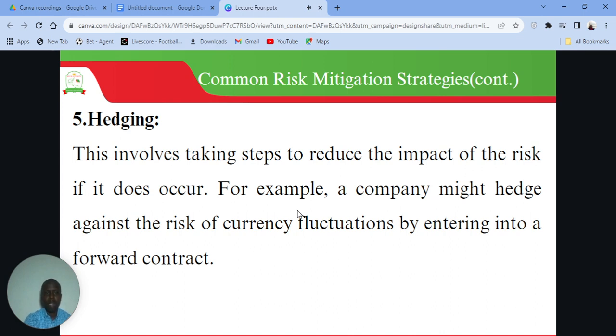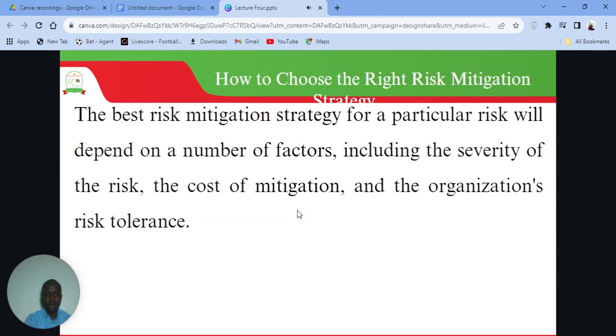So these particular strategies are very, very important to help you understand mitigation strategy. So I would also require you to read more about them, know the advantages and disadvantages of each, and how the organization is bound to benefit from these strategies.